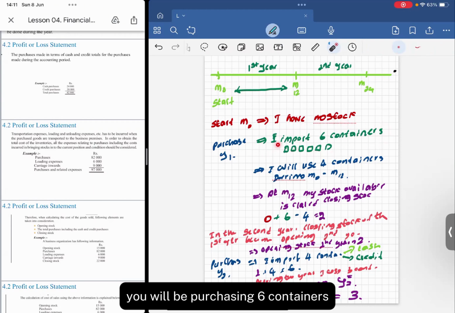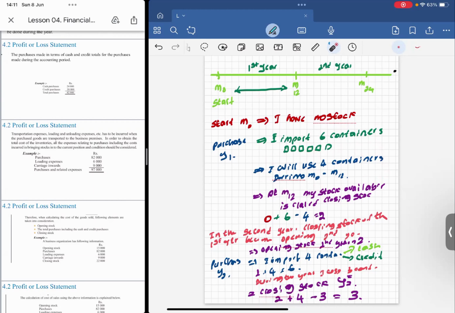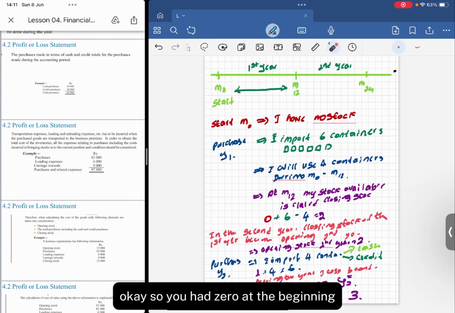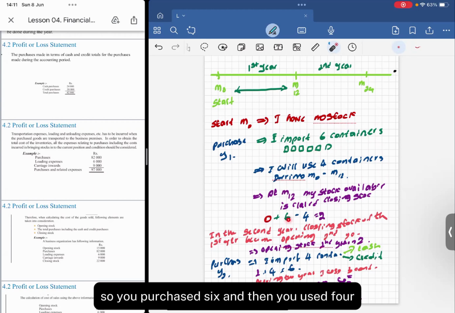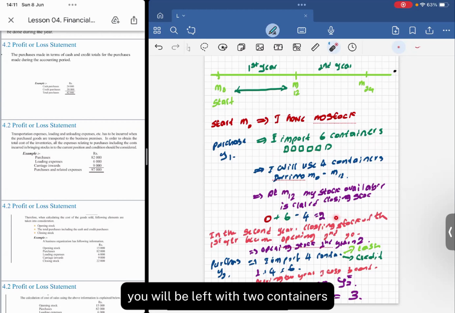First year, you will be purchasing 6 containers. Then during that year, you will be using 4 containers. So you had 0 at the beginning, you purchased 6, and then you used 4. So at the end of the period, you will be left with 2 containers. That will be the closing stock.